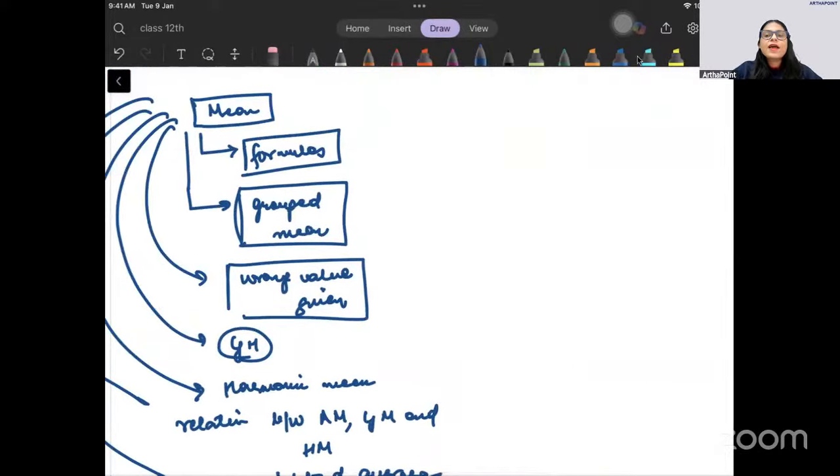ठीक है, फर्स्ट ऑफ ऑल लेट अस टॉक अबाउट द बेसिक फॉर्मूला ऑफ मीन. So basic formula of mean, all of us know. Whenever we have to write about mean, mean is nothing but summation xi by n. Right?